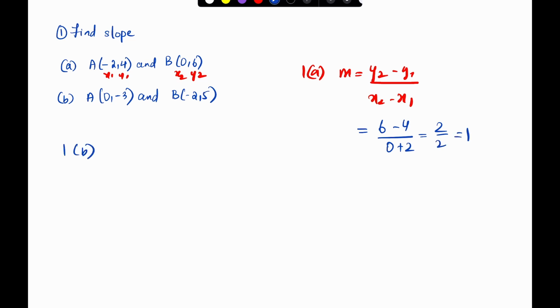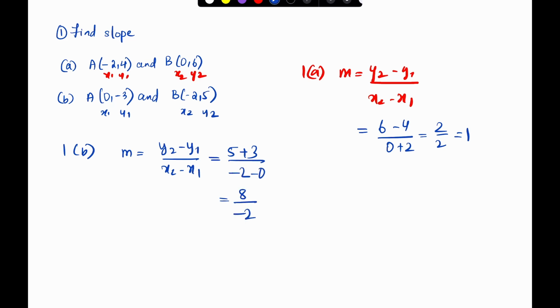For the second one, again x1 y1 x2 y2. So m is y2 minus y1 by x2 minus x1 equal to 5 plus 3 by minus 2 minus 0. So equal to 8 by minus 2 equal to minus 4.